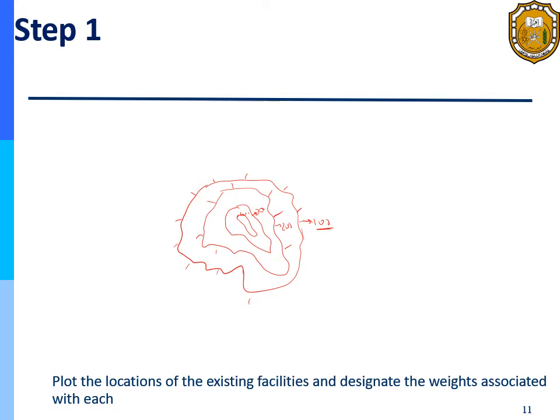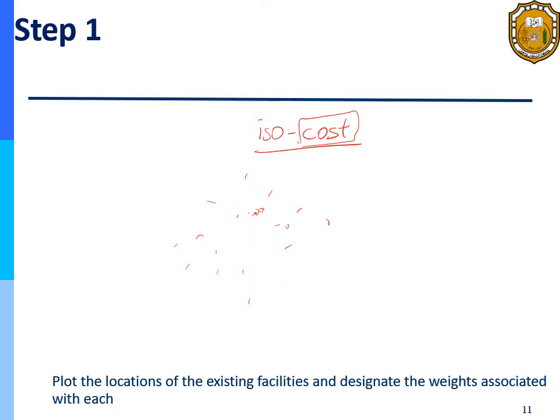For our case, what we try to do in facility location is minimize the cost. So for that, we will be sketching the iso-cost lines, the lines that have identical cost values. We will be learning this procedure, how to sketch these iso-cost lines.